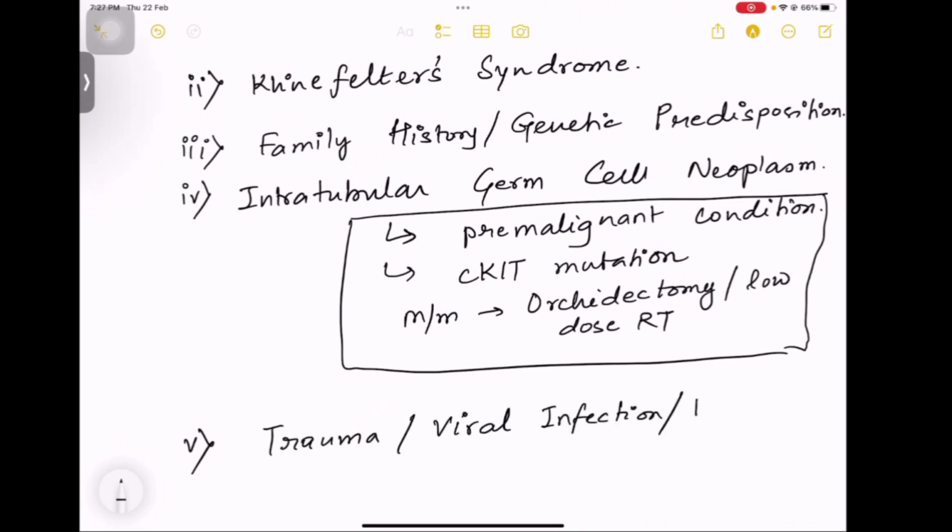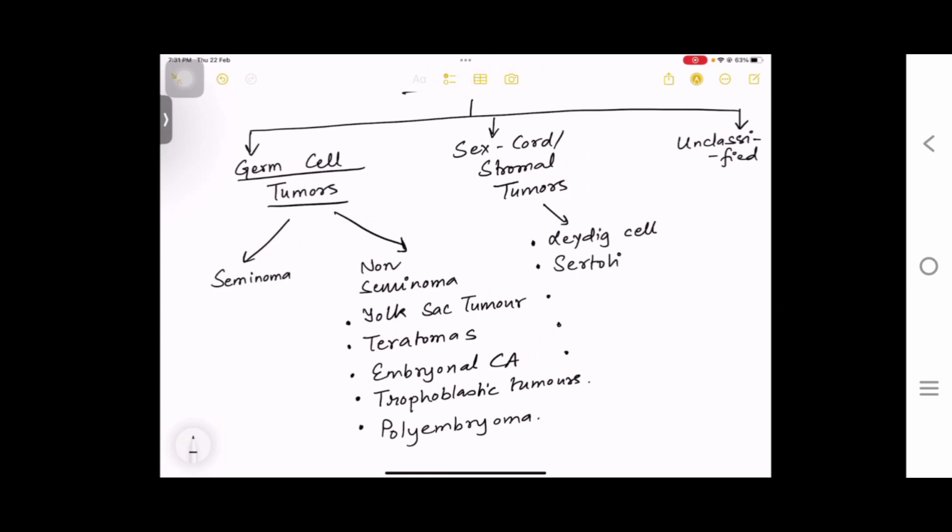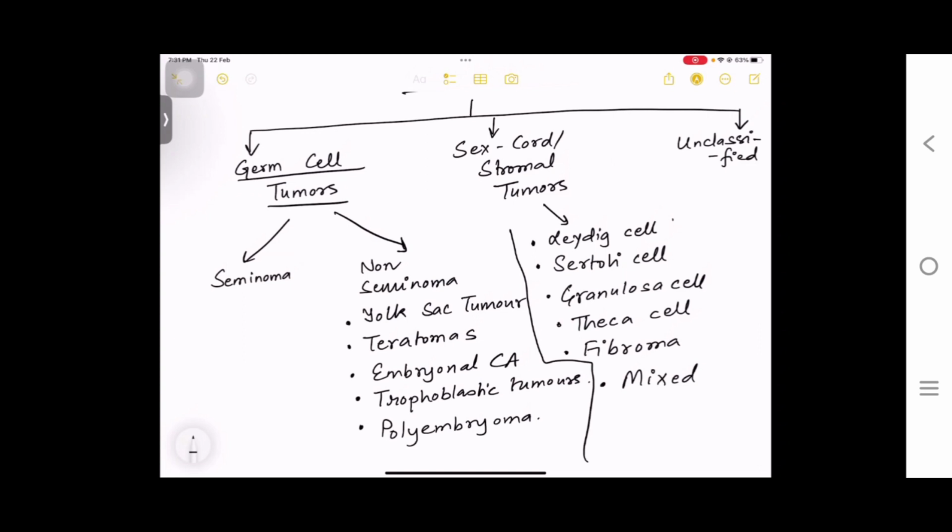And fifth is any trauma or viral infection or environmental estrogens. So basically the risk factors are: familial predisposition, environmental exposure to estrogens, intratubular neoplasm, some syndromes, and factors particular to the person, for example the cryptorchid testis, or a problem in the other testis as well.